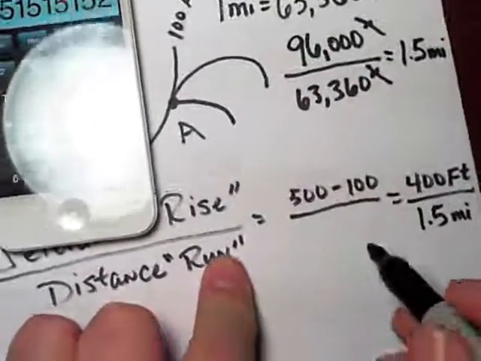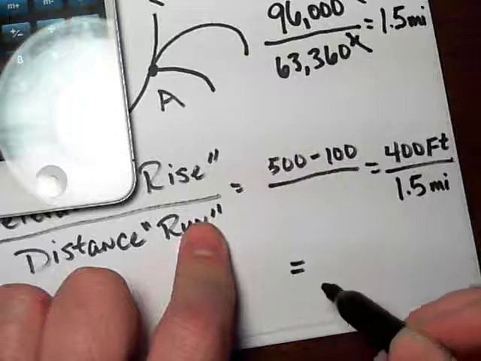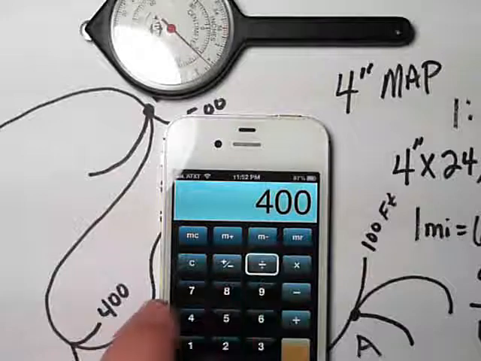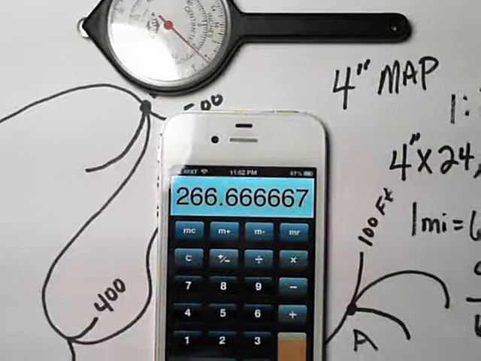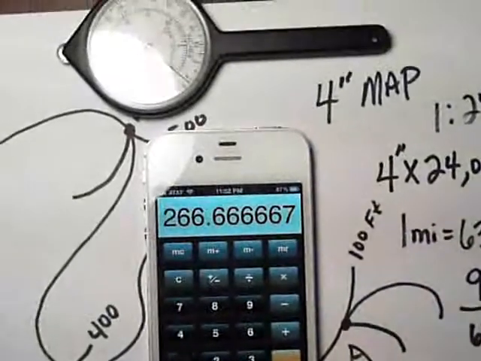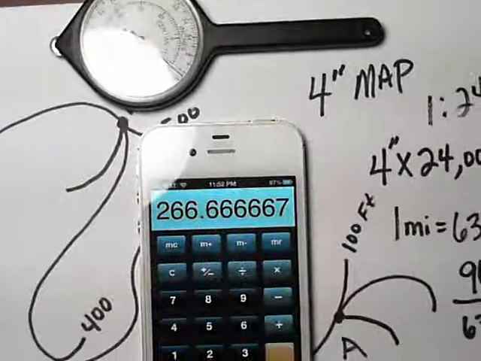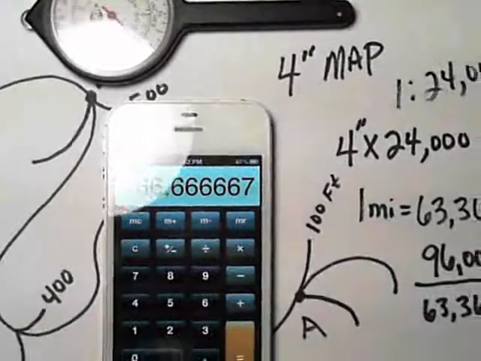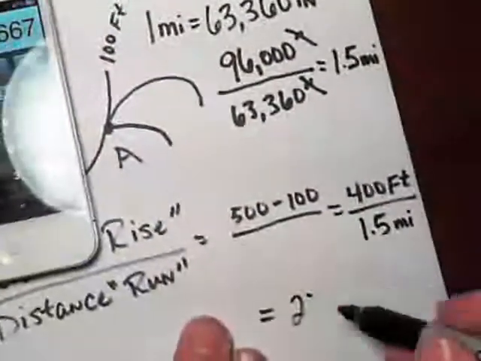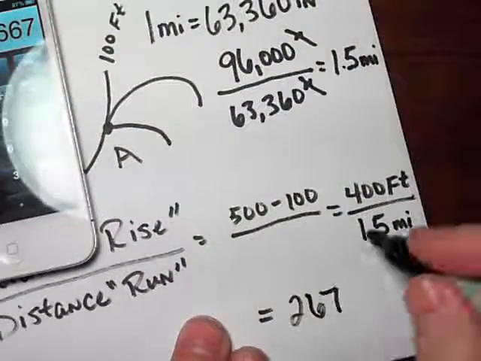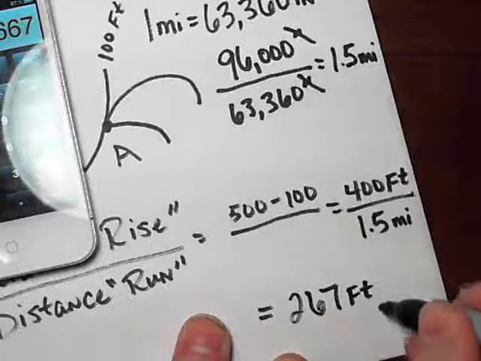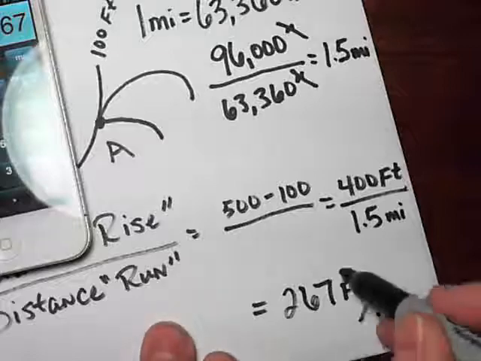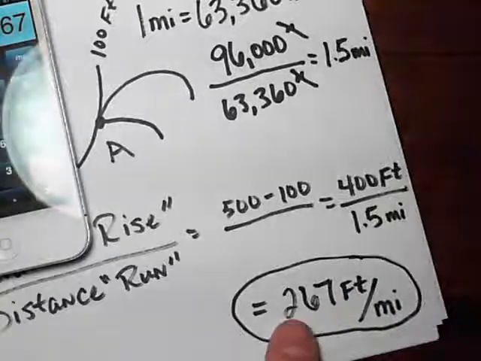We'll do this math right here to get the final answer. 400 divided by 1.5 equals 266.6, which we'll round up to a whole number: 267 feet per mile. And that is the stream gradient.